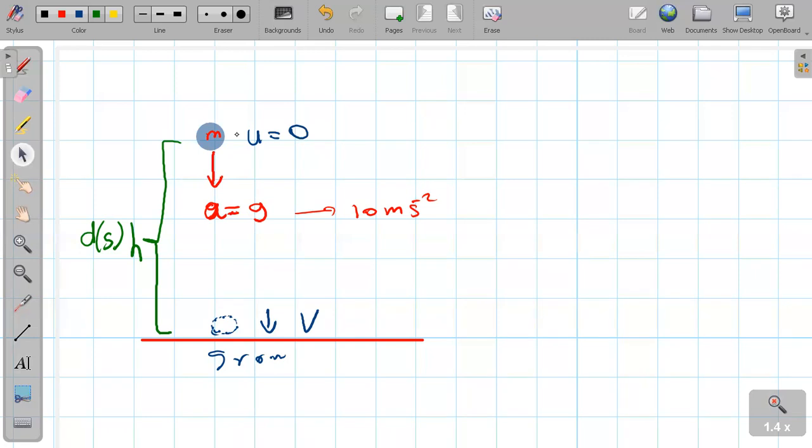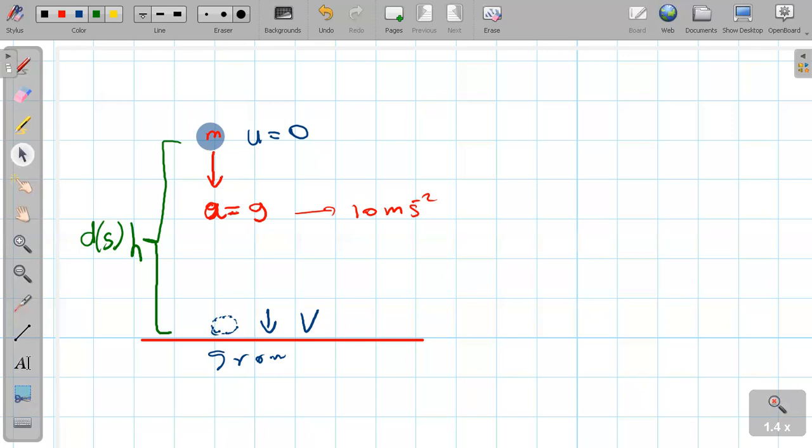Number one, write this in a new line. How to find, it's like a subtopic with a question mark. How to find out the final velocity of the object.